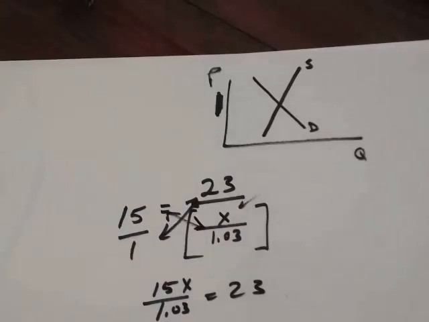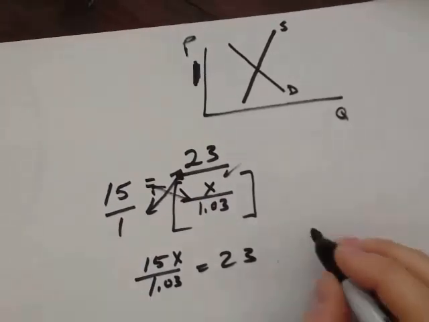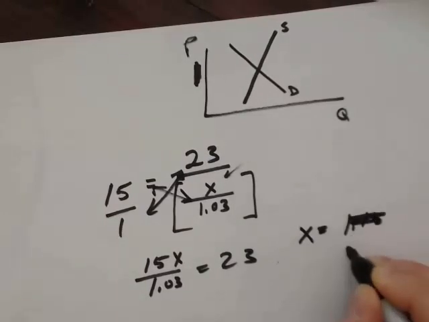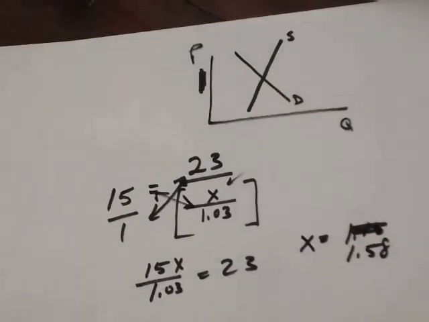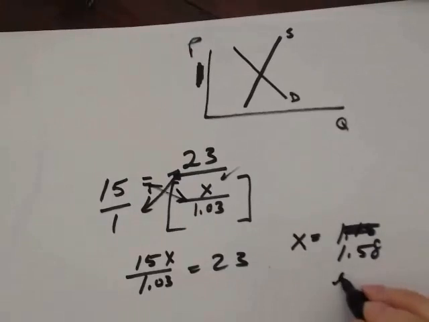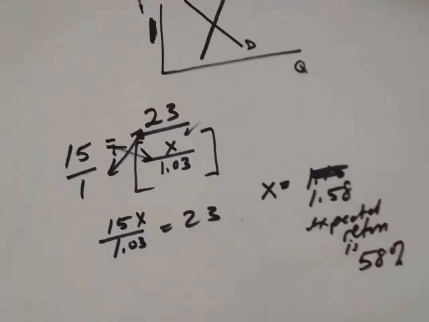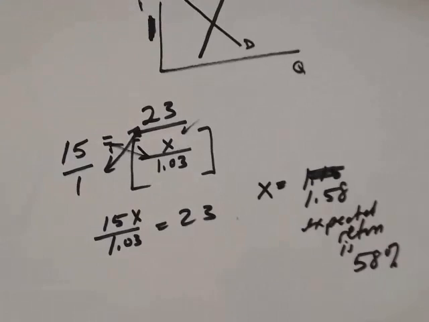And so therefore x equals 1.58 approximately. And so that's the expected return. The expected return is 58% from that jump in milk prices that's expected to happen.